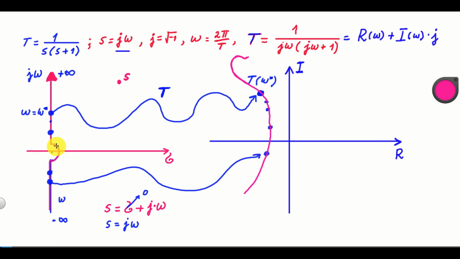Why I simply don't pass through the 0 over here when I go from minus infinity to plus infinity? The reason for this is that at 0, our particular transfer function explodes.